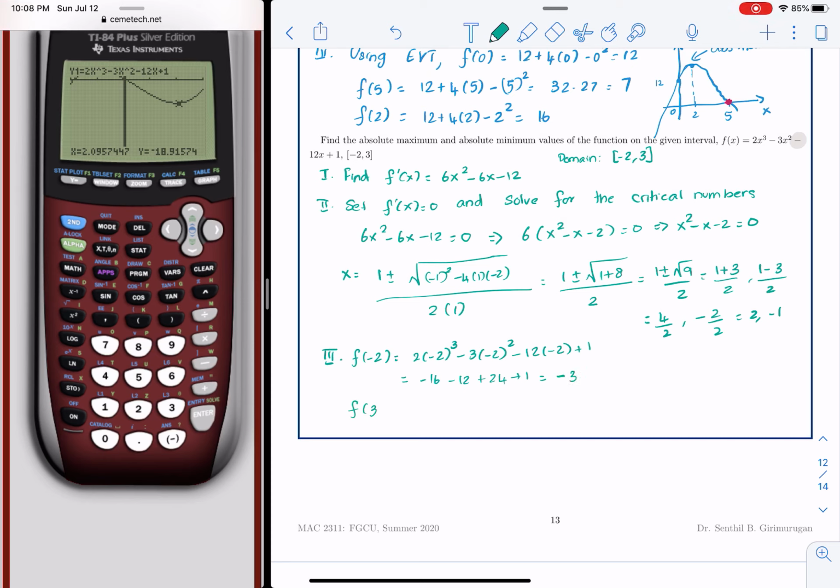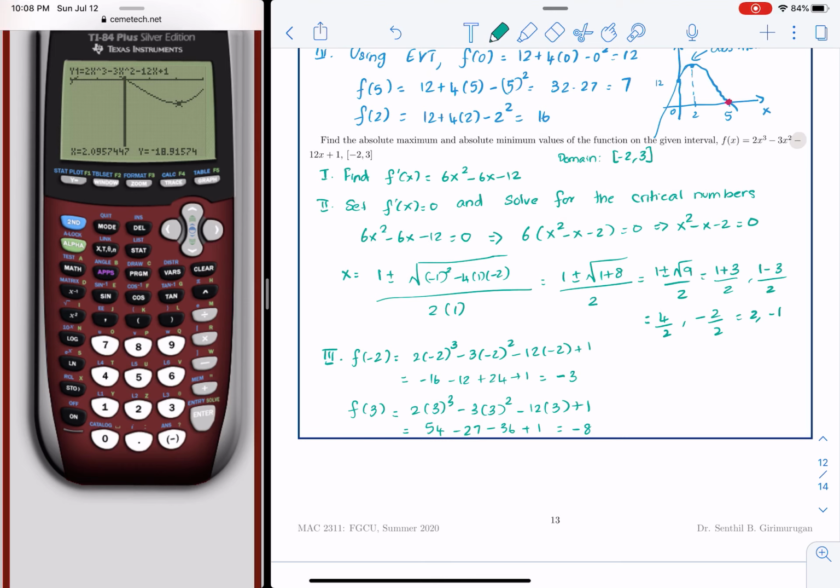And f of 3 would be 2 times 3 cubed minus 3 times 3 squared minus 12 times 3 plus 1. It's 54 minus 27 minus 36 plus 1, which is 27 minus 36, that's about minus 8.